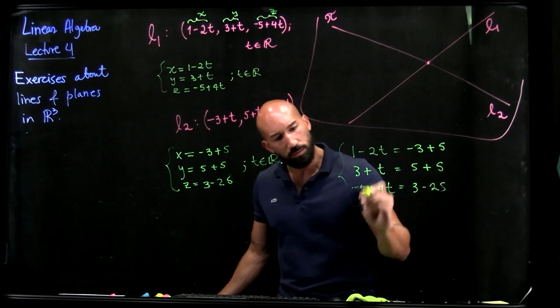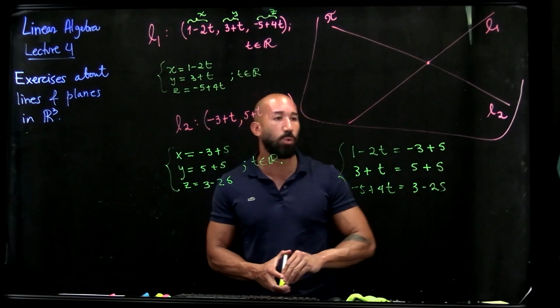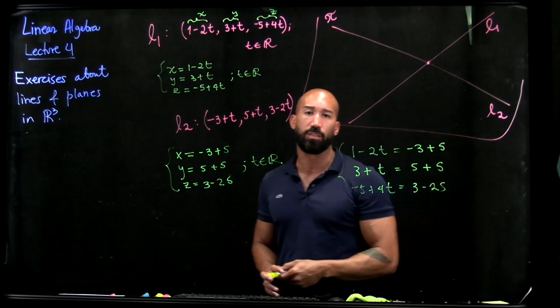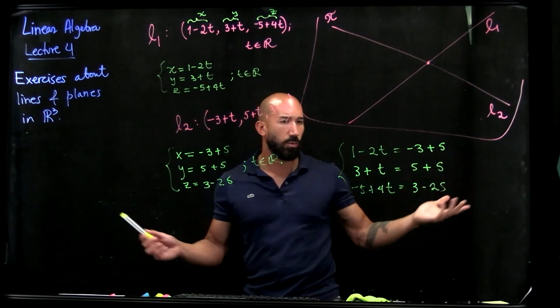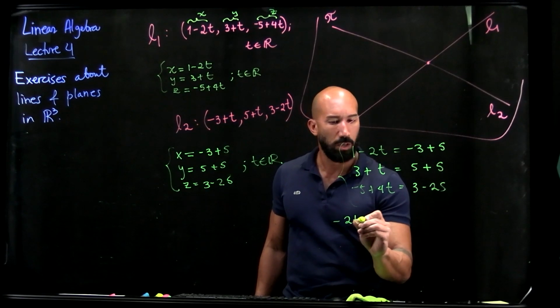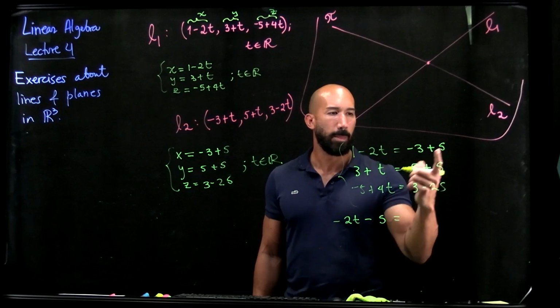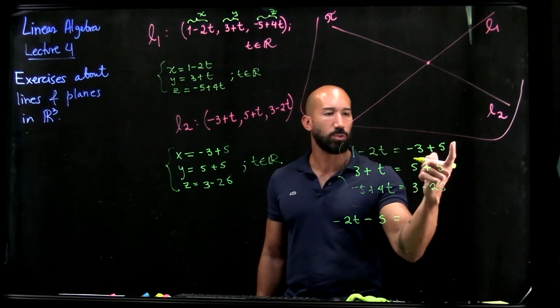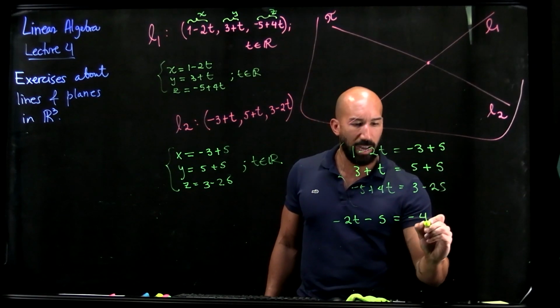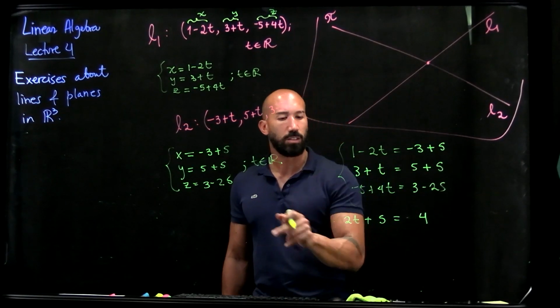And I got a system of equations now with 3 equations and only 2 variables. Is that okay? Which I can rewrite, for example, this way. Minus 2t minus s equals, this s came here negative, this one goes to the side, minus 4. I can multiply the whole equation by negative 1 to get it this way.